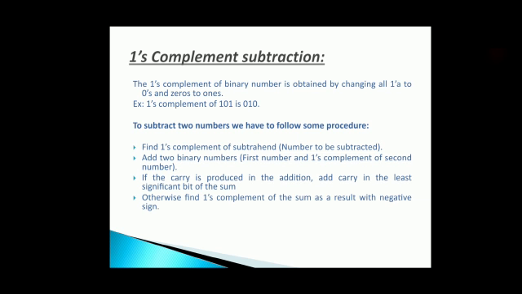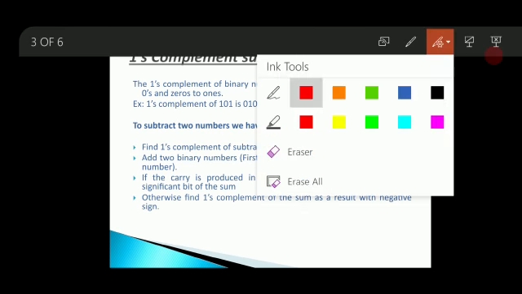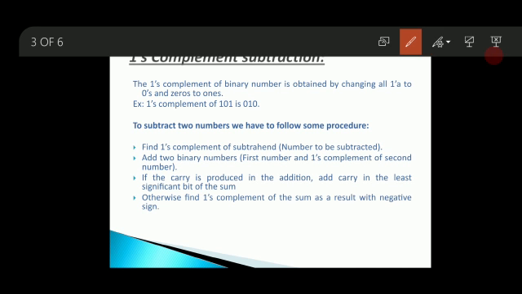Ones complement of 101 is 010. Similarly, ones complement of 001 will be 110. Hope you got the concept of how to get the ones complement of a binary number.